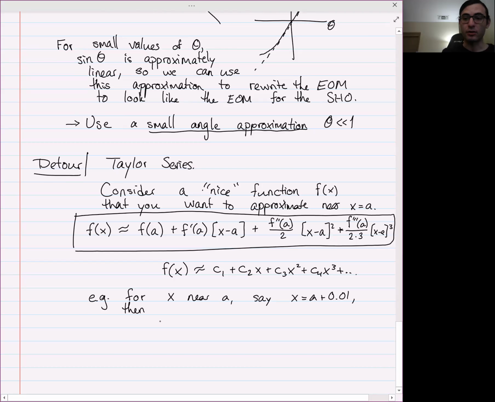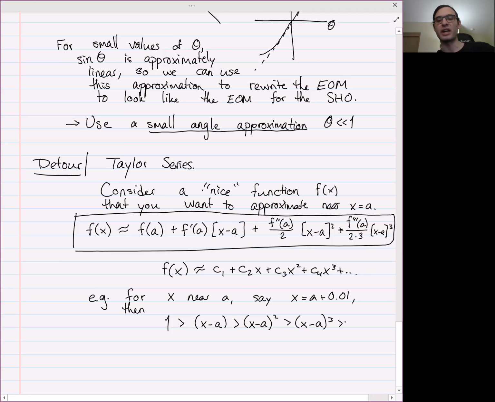We would find that the first term, the one that has a power of 0, is a lot bigger than x minus a, which is 0.01, which is a lot bigger than x minus a squared, which is 0.0001, sorry, which is a lot bigger than x minus a cubed, and so on.